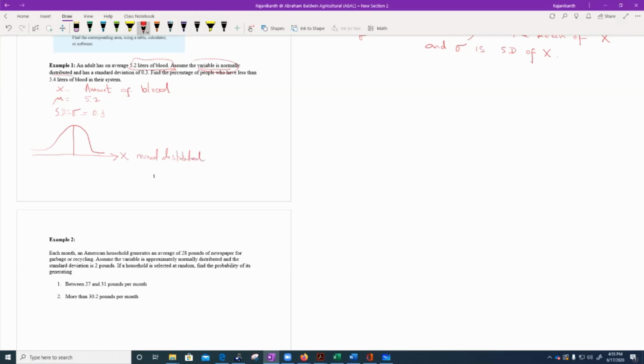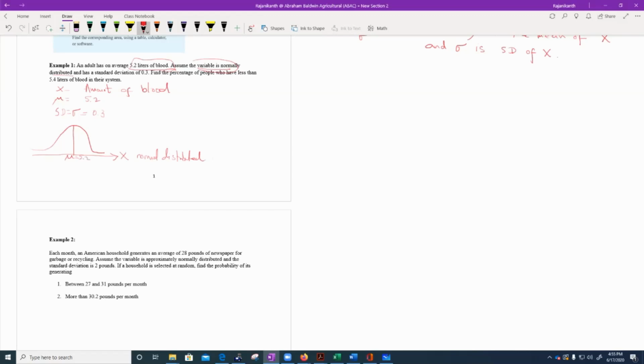Okay, so now the question is you need to find the percentage, meaning the probability, of the people whose blood amount is less than 5.4. Remember, we had last time that the midpoint of the normal distribution is going to be mu, but the mu value is now given as 5.2, right? So it is given as 5.2 in the problem.